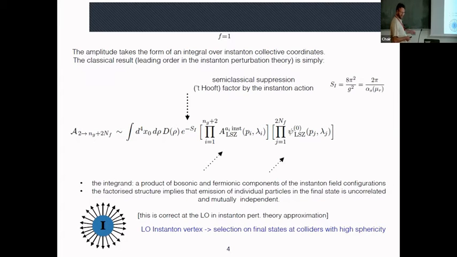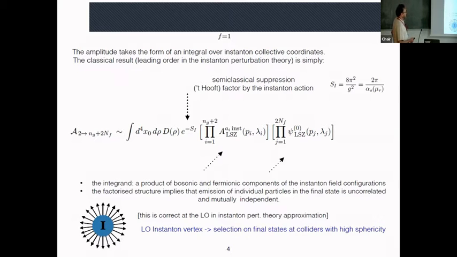You basically repeat the classic 't Hooft analysis where you integrate over the instanton collective coordinates. There is a contribution from the instanton determinants. There's an integral over the instanton position, instanton size, instanton density, e to the minus instanton action. So as I said, determinants are also present.